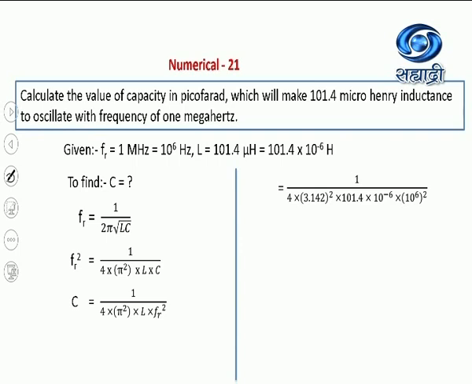Pi is 3.142, L is equal to 101.4 into 10 to the power minus 6 and resonant frequency as 10 to the power 6 square of that. With this we get 1 upon 4004.12 into 10 to the power minus 6.